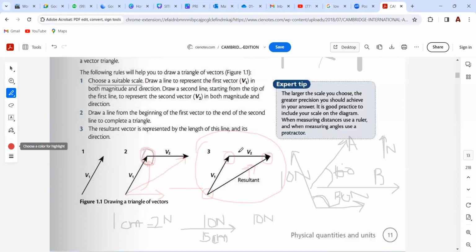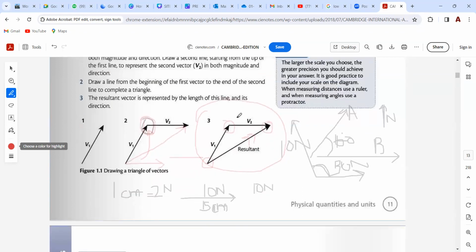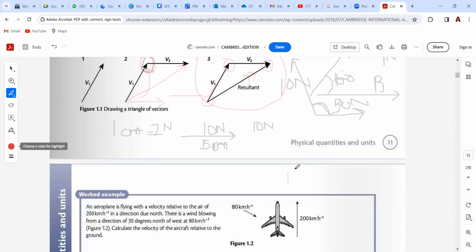And now if you try to understand this as a vector concept, as its application, assume that for example there's a kite. Now on the kite there was one force acting on this side, and another force acting on this side. Where will the kite actually go? It's going to go like this, right? It will follow the resultant pathway.